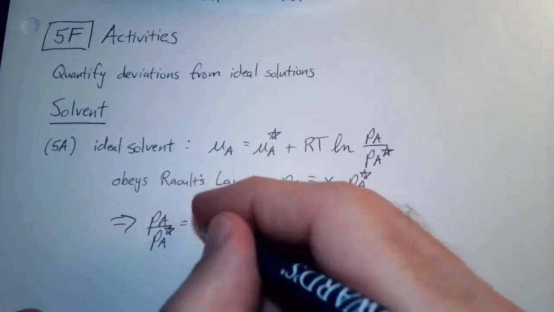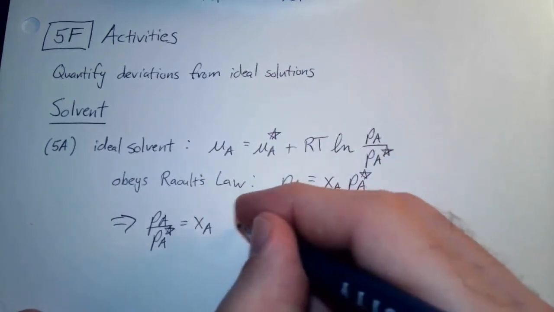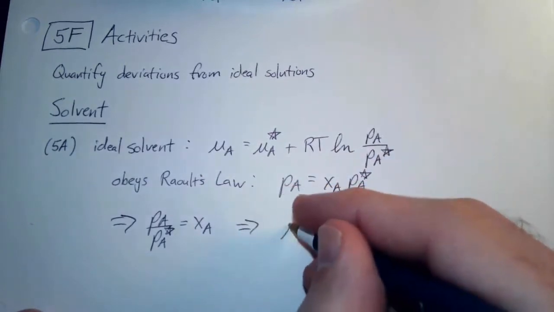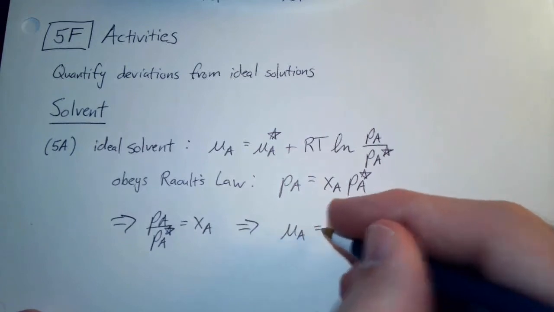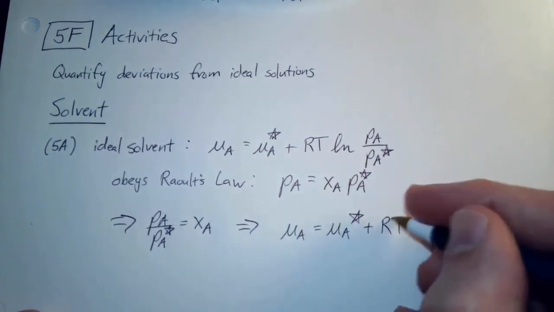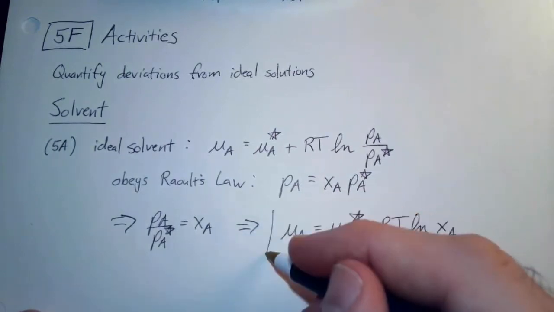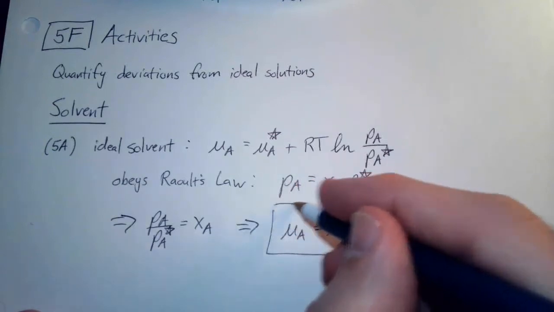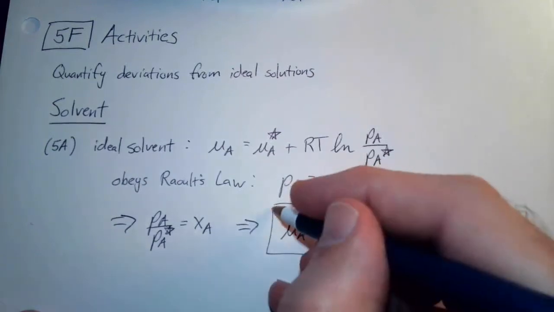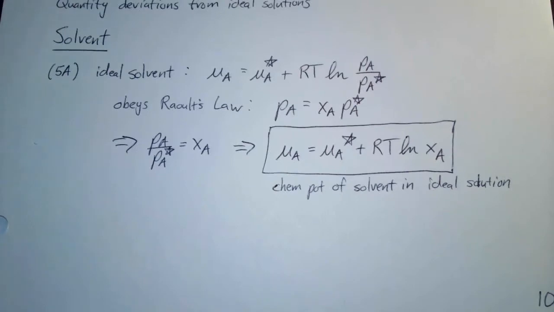Divide PA star over, I get XA. And now I can take that and put it up here. And so I get this formula, which we saw in section 5A, for the chemical potential of a solvent in an ideal solution. Okay, so that's for an ideal solution.